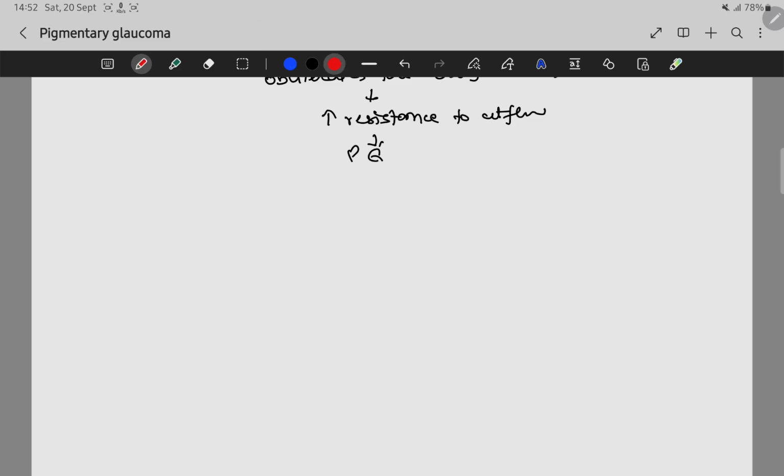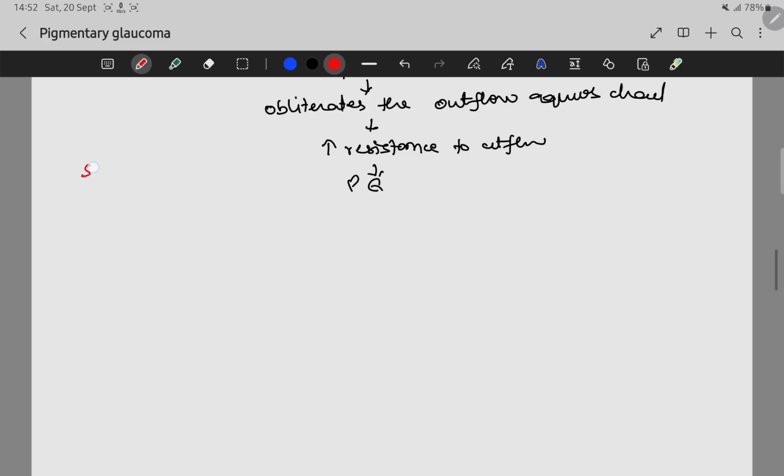So now coming to the signs. In the cornea we can find Krukenberg spindles. So what are they?